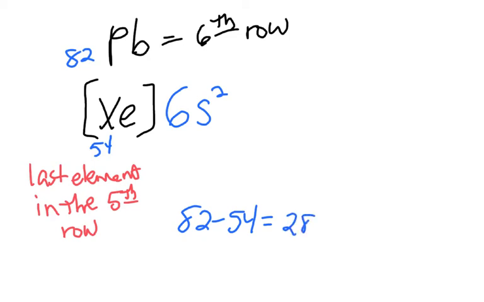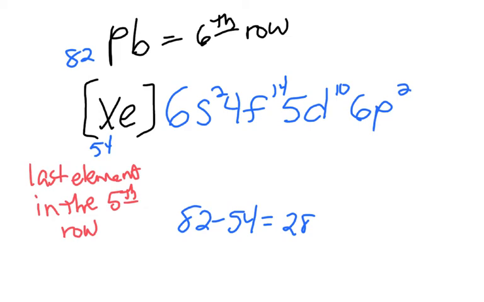So all I have to do is account for 28 more electrons. So 6s2, 4f14. Now I've done 16 electrons. 5d10. I've now done 26 electrons, so I only need 2 more. Pretty easy, huh? Let's try another one just to make sure we're understanding it.